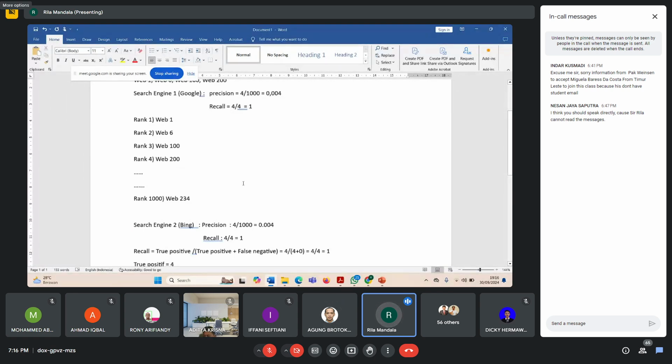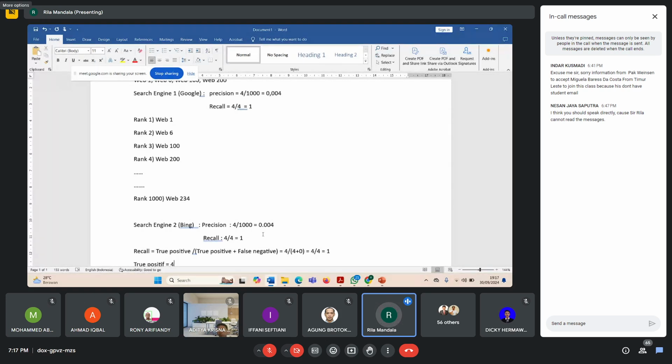Partial recall is the same, right? Yes. But based on us as humans, Google is better than Bing, right? Far better or only slightly better? Far, far better, right?